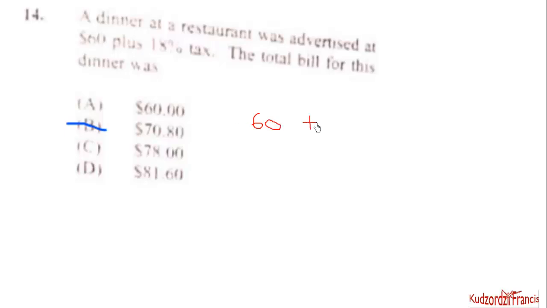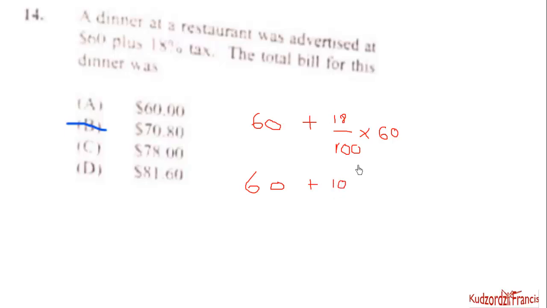plus the 18% of the price of the dinner, which is 18 out of 100 times 60. We are familiar with this question already. So this will give you $60 plus 10.8.